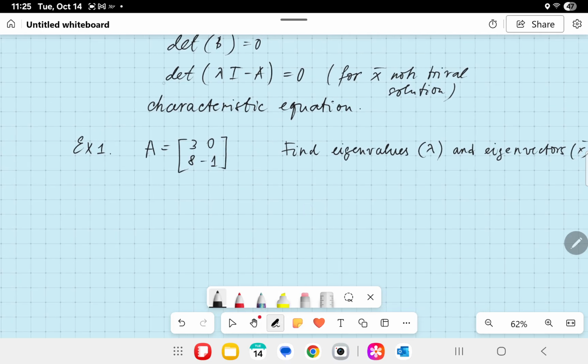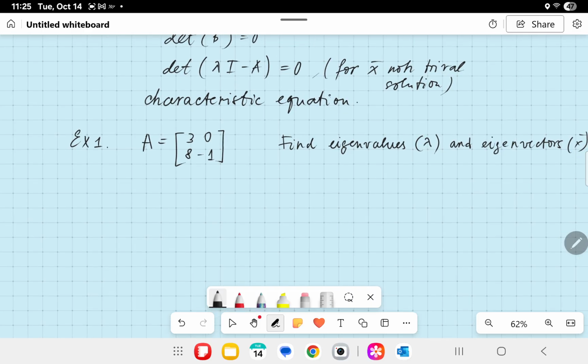So how are we going to do it? First, we are going to build this characteristic equation. We have the matrix lambda I, which is 1, 0, 0, 1, minus matrix A. I'm just going to copy matrix A. This part is lambda I, and this part is just A, and I'm just subtracting them.